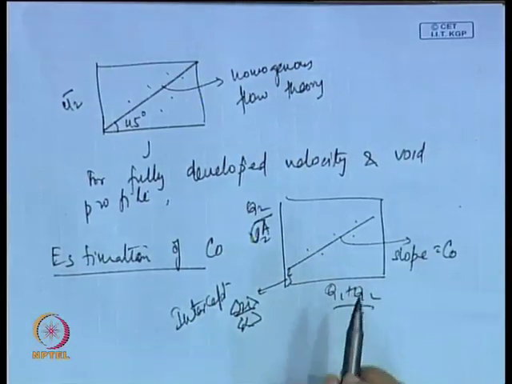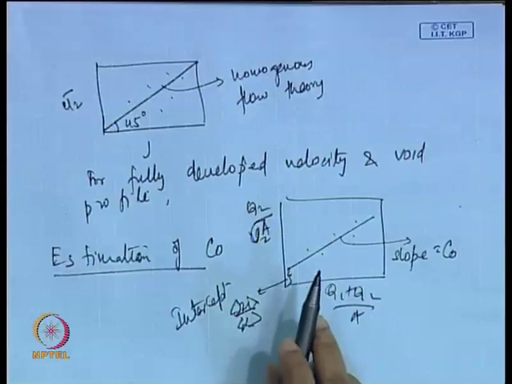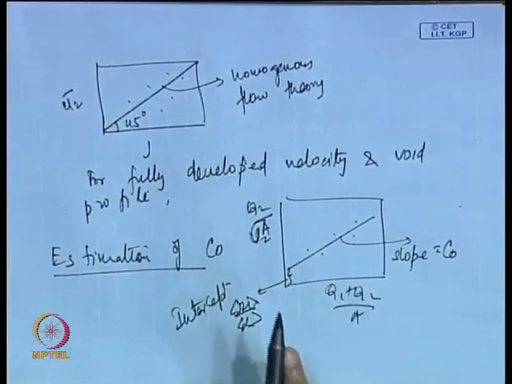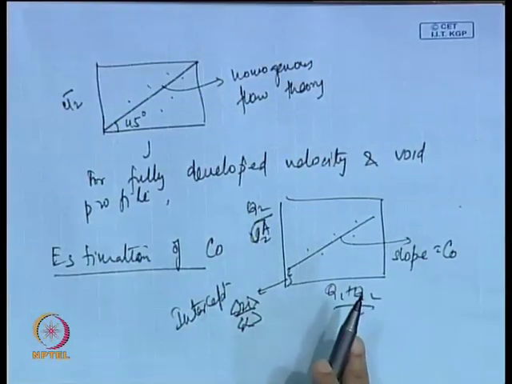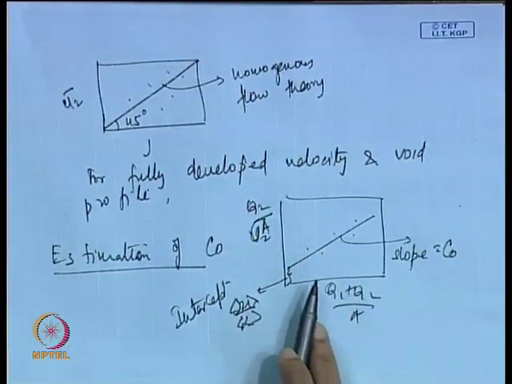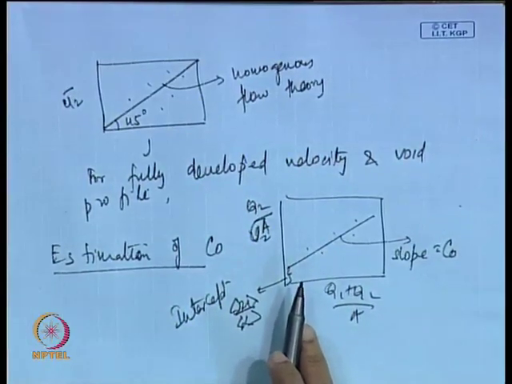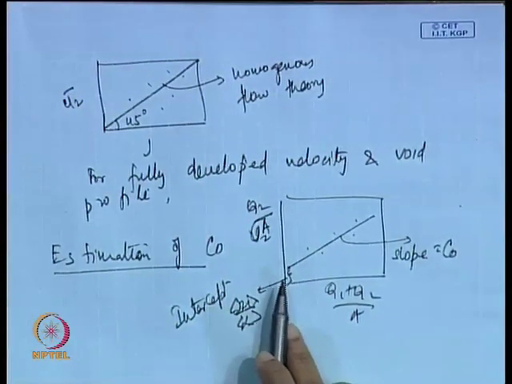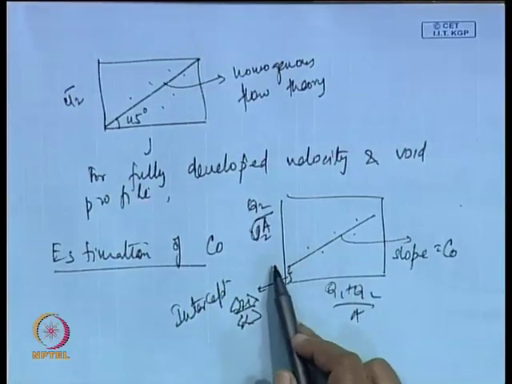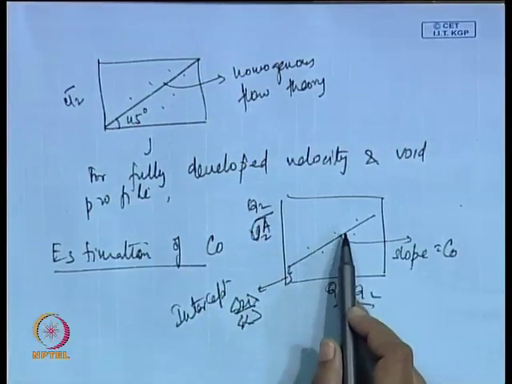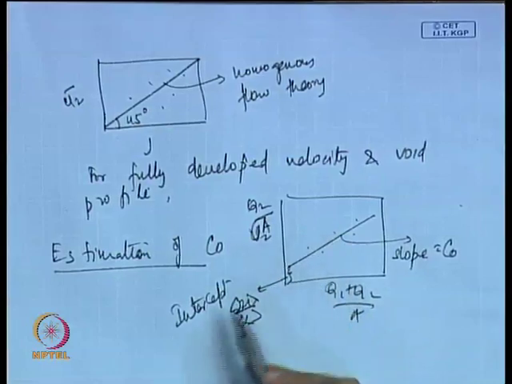So, very simply, for fully developed velocity and voidage profiles, please remember this, when we do such a plot, the best fit curve is a straight line, when the local drift velocity is constant or negligibly small.